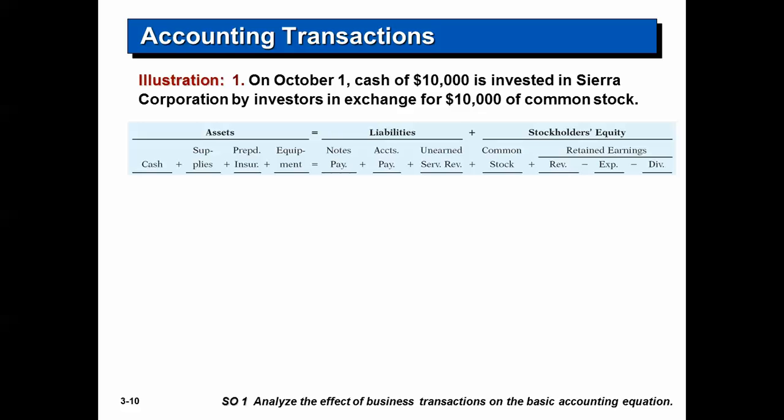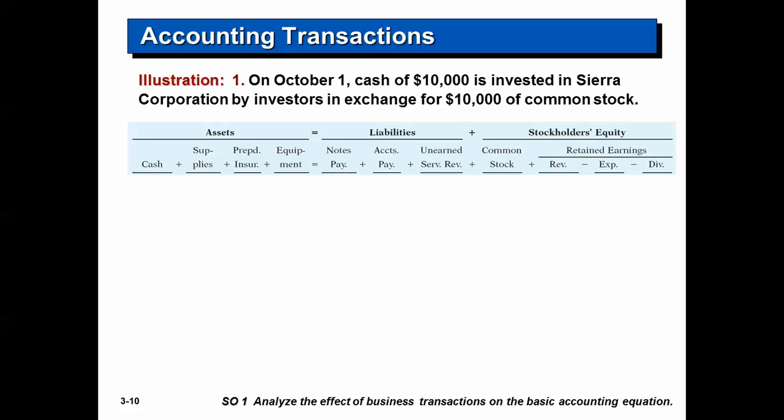On the right-hand side of the equal sign, I have notes payable, accounts payable, unearned service revenue, our good old friend unearned revenue. Notice it's a liability. Common stock, and now revenue, expenses, and dividends are under retained earnings. So how is this a transaction? This is a transaction because it affects two accounts.